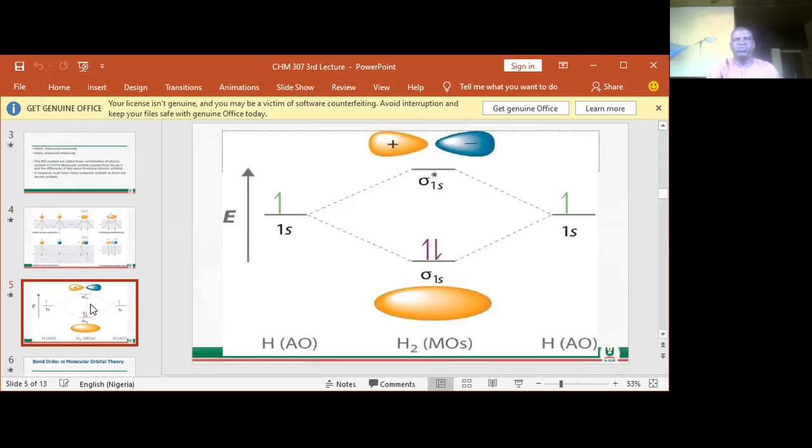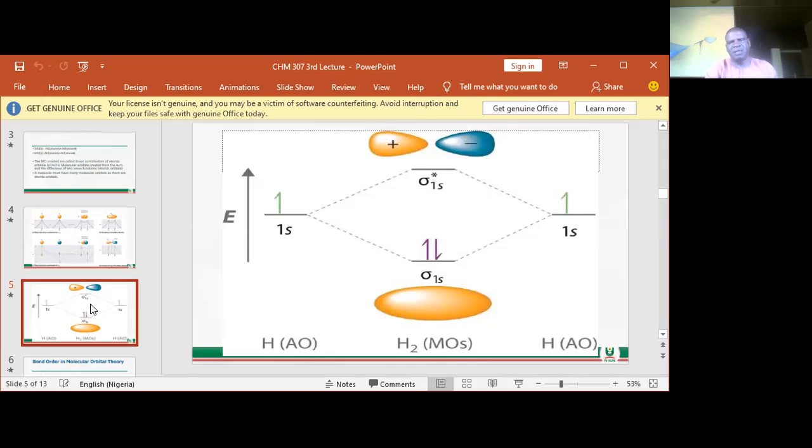Now, if the two are hydrogen atoms with one electron each, one electron will come from the hydrogen atom on the left-hand side, and another electron will be donated from the hydrogen atom on the right-hand side. Take note, Pauli's exclusion principle is strictly adhered to here. The two electrons must have opposite spin, and that is what you are seeing in the diagram before you in the bonding molecular orbital, sigma 1s.